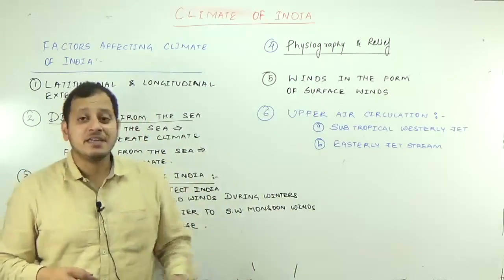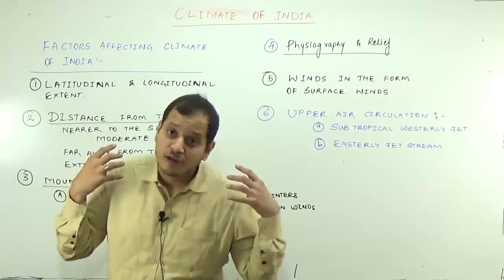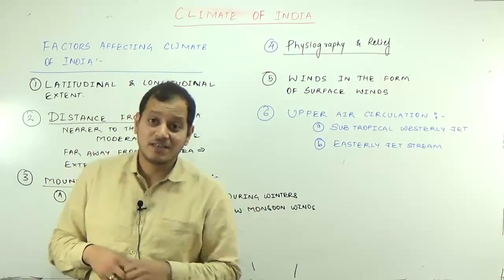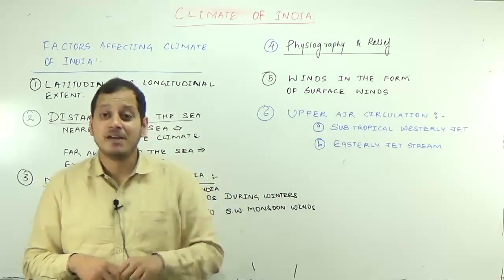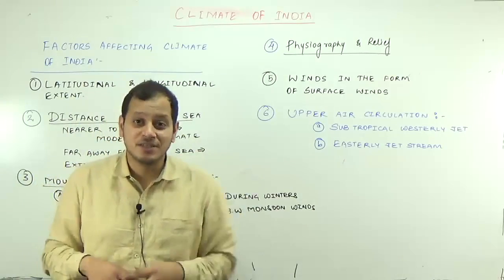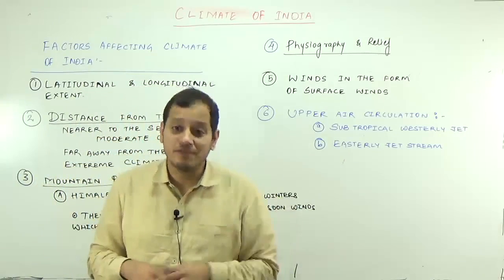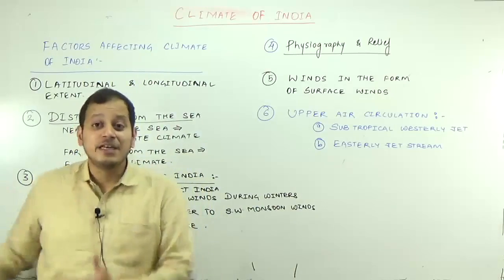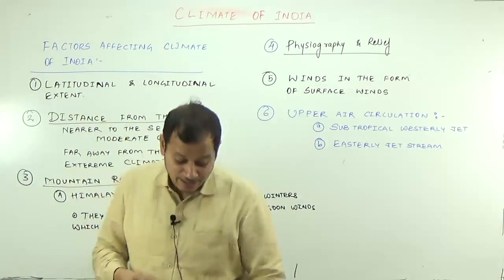Now each has its own role. If you have done the climatology part well, you know the tropical westerly jet streams drive the western disturbances into India, which cause rainfall during the winter season. The easterly jet stream is responsible for the variability of the monsoon rain in India.